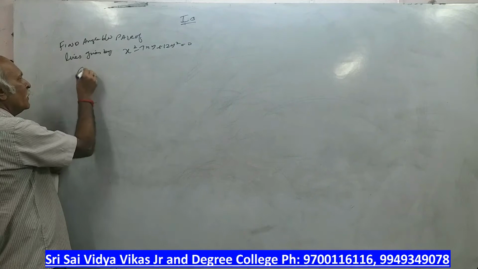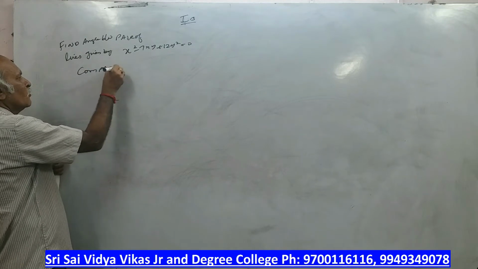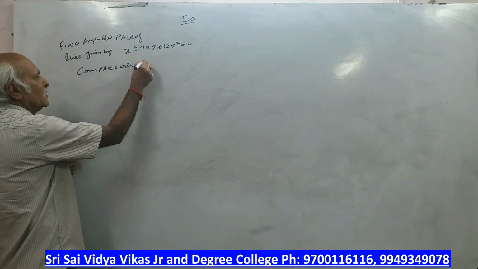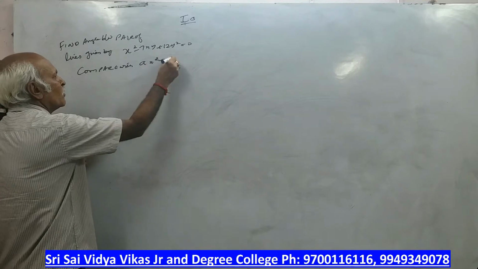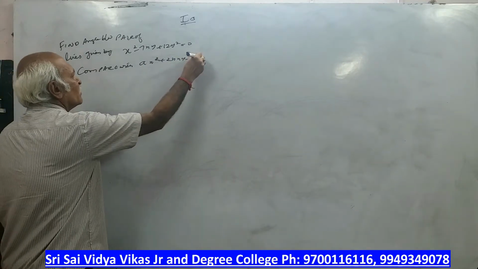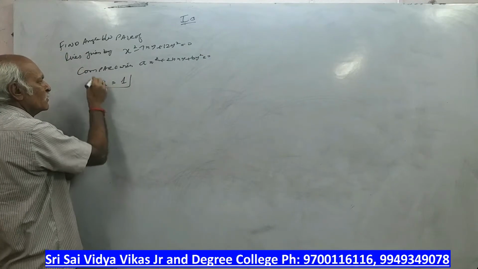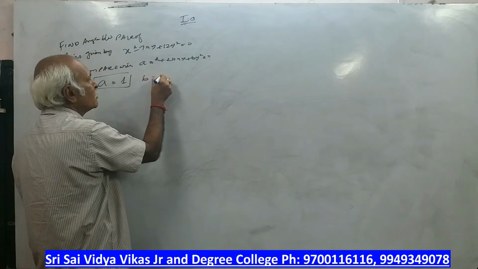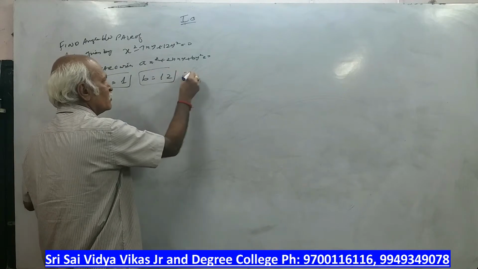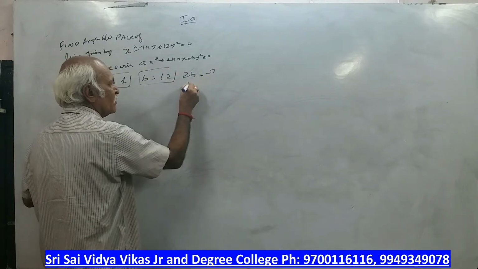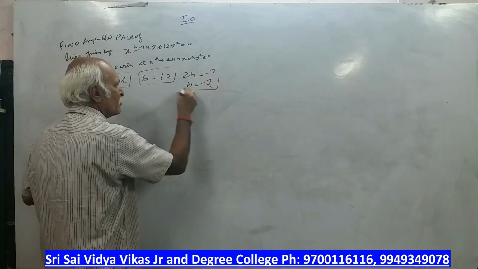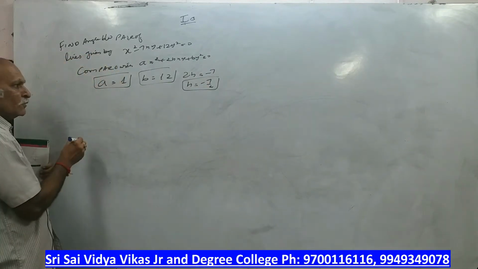Okay, now compare with ax square plus 2hxy plus by square is equal to 0. So what is the a value? 1. What is the b value? 12. And what is the 2h value? Minus 7. So h is equal to minus 7 by 2. You got the a value, b value and h value.